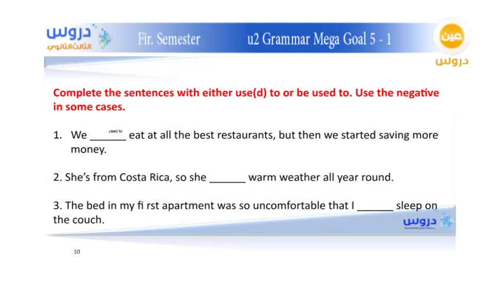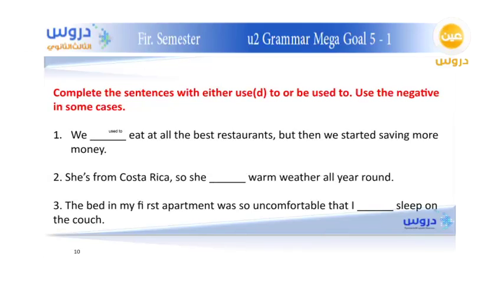She is from Costa Rica, so she blank warm weather all year round. So she's from Costa Rica, so she is used to something here. But the question is, which one should we use? Can we use only used to or be used to?